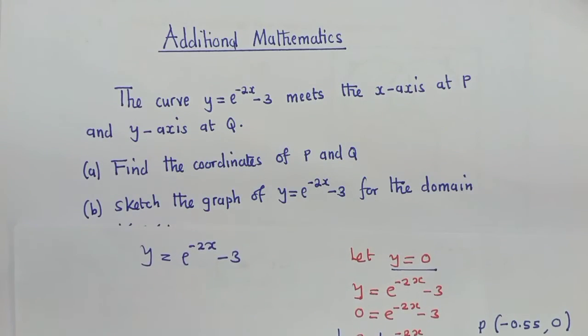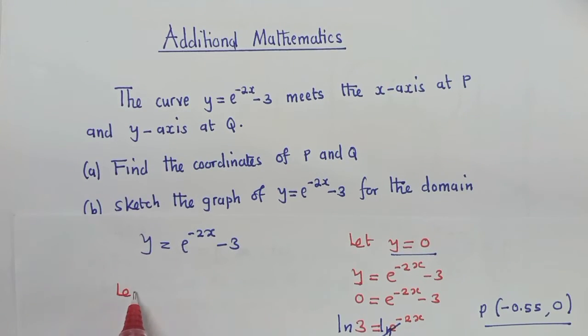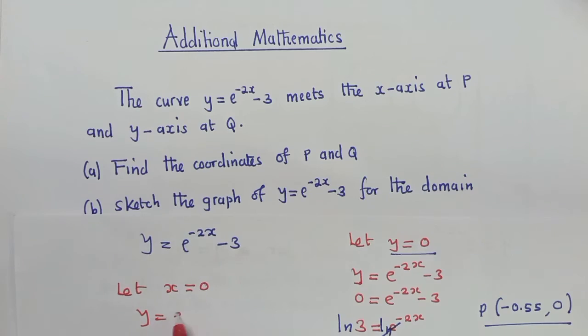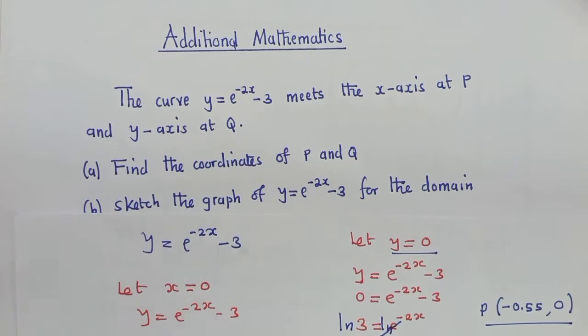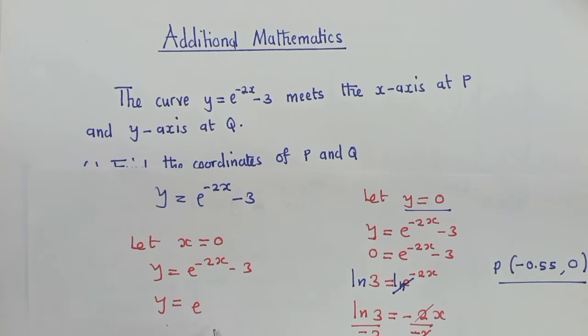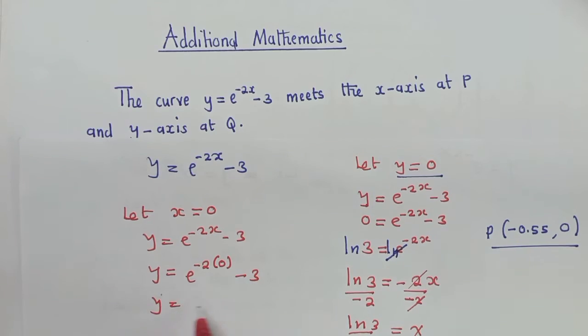To find point Q, we'll let x be equal to 0, like we did with y here. So we'll get the curve, and where we are able to see x, we'll put 0. Or we substitute 0 right here. And when we solve, this whole power will just be a 1 because negative 2 multiplied by 0 will just be 0.